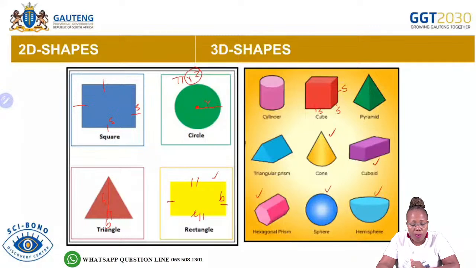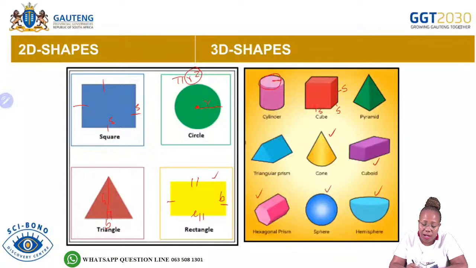Okay, so now if we talk about a three-dimensional shape, you must have three sides inside that particular container that you are talking about. For example, if you look at the cylinder here, it has a circle, which is two-dimensional, because now we have added a height to that container.